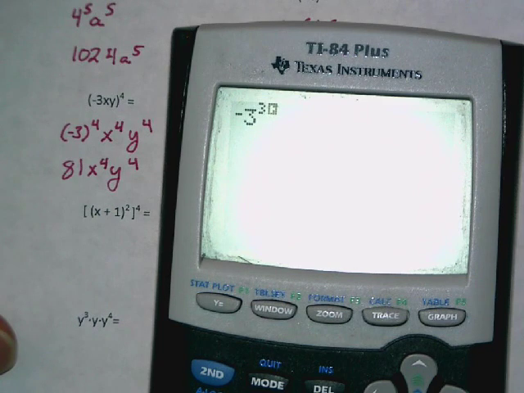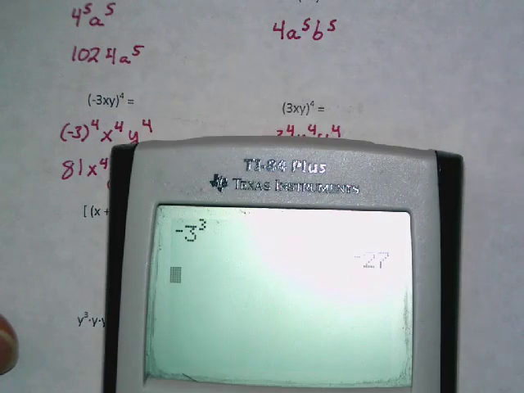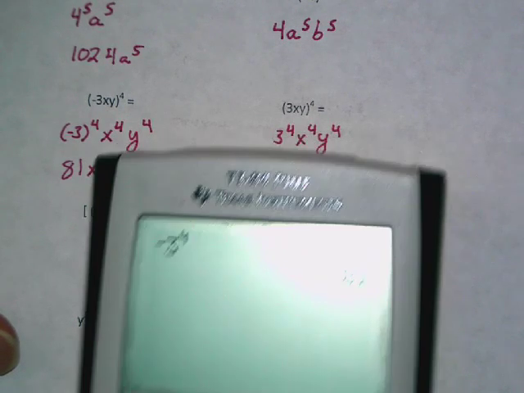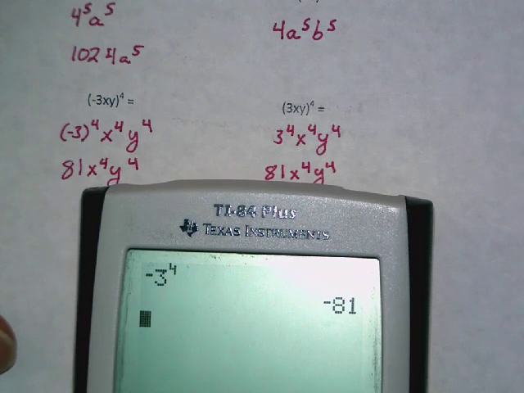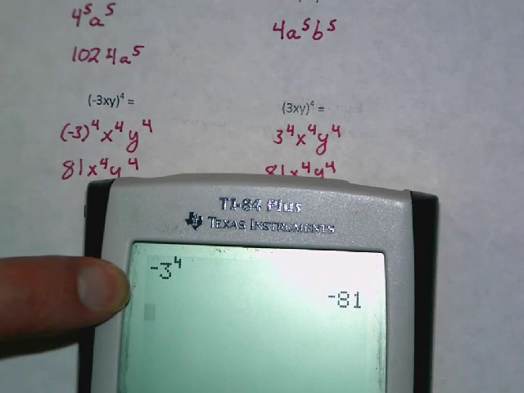But if it's an odd exponent, this is where it can be mistakes in the calculator. Let's say I want to do -3 to the 3rd power, and I forget to type, or no, it's about even. Hold on. -3 to the 4th power. So if we type that in the calculator without parentheses, it's going to tell me my answer is -81.